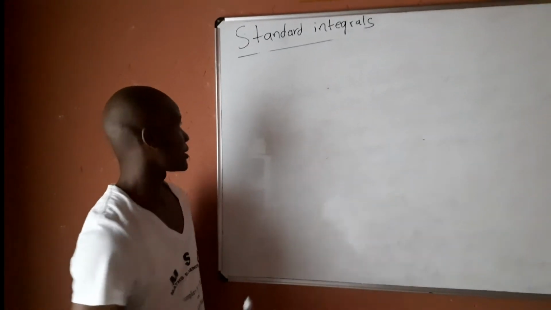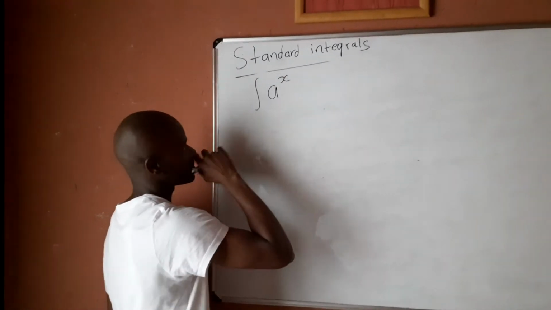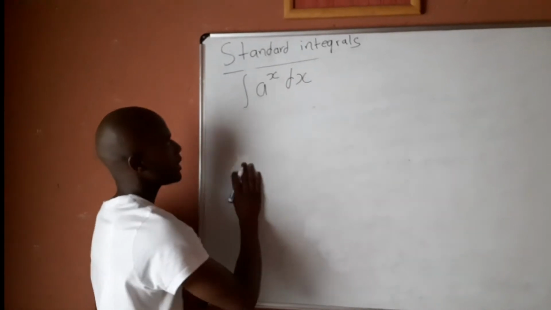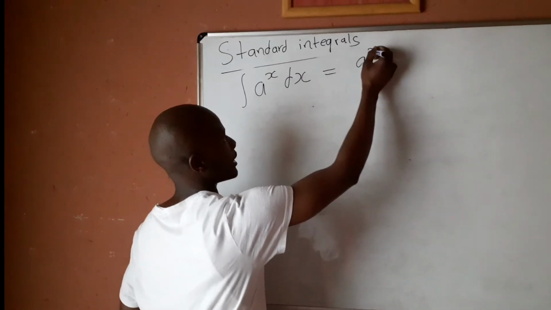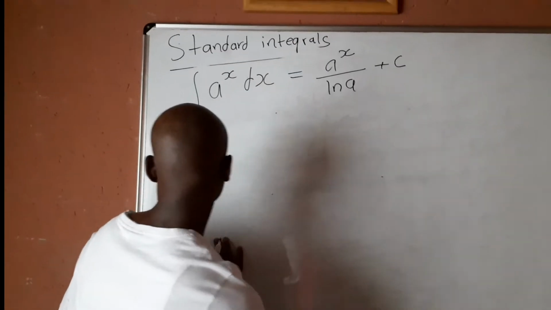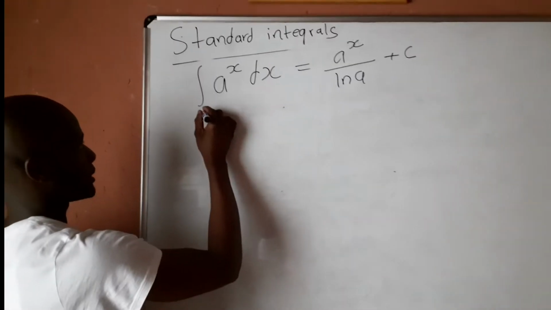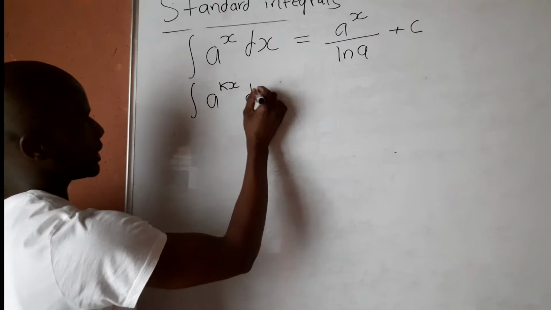Formula for standard integrals. Integrate a to the power x dx is going to be a to the power x over ln a plus c. Integrate a to the power kx dx.